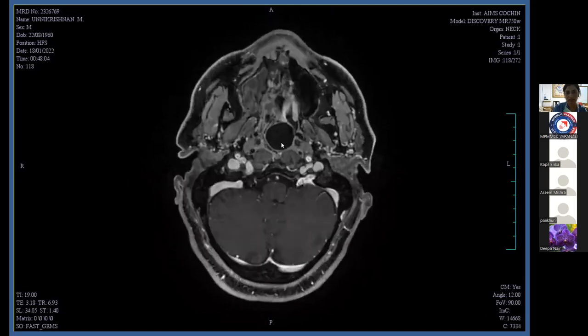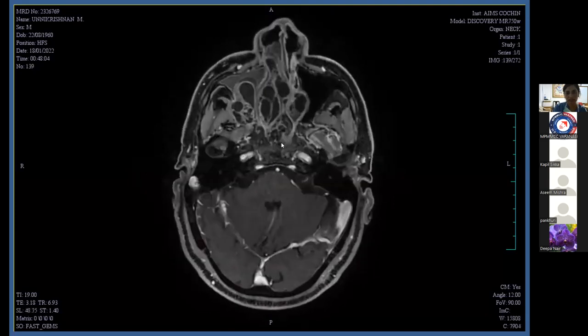So the lesion is involving the whole of the nasal cavity, which is non-enhancing, multiloculated, involving bilateral nasal cavity, maxilla on the right side, involving the medial wall of the maxilla, posterior wall of the maxilla, infratemporal fossa, pterygopalatine fossa on the right side.